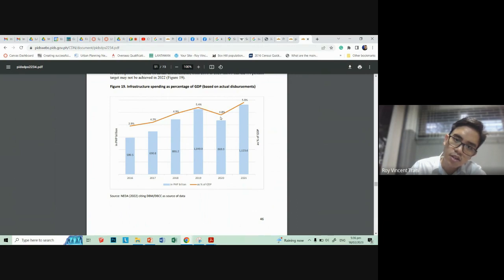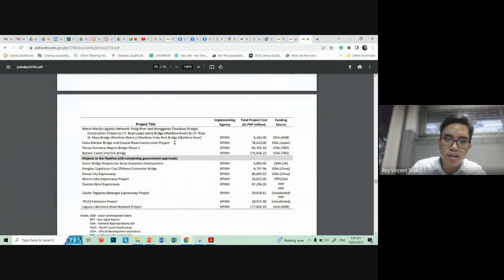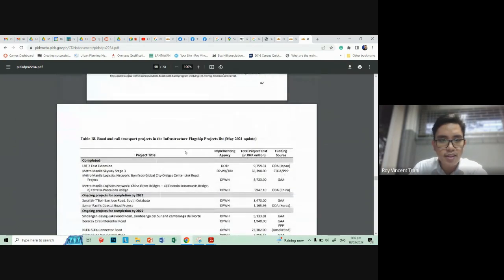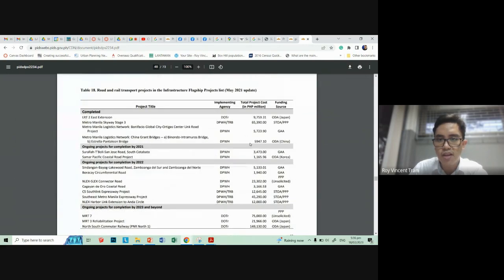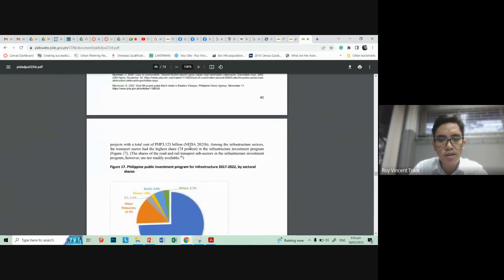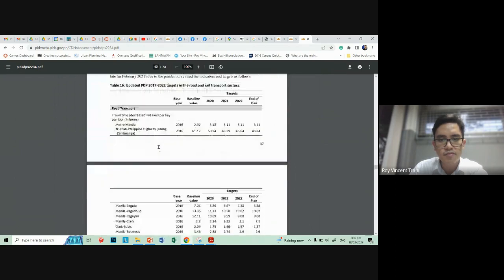So in 2020, it went down, and 2021 went up after the pandemic. Let's see. Are they beeping over there? Rail and road transport projects and infrastructure, flagship costs, funding source, public funds. Let's see. And this might be very interesting.